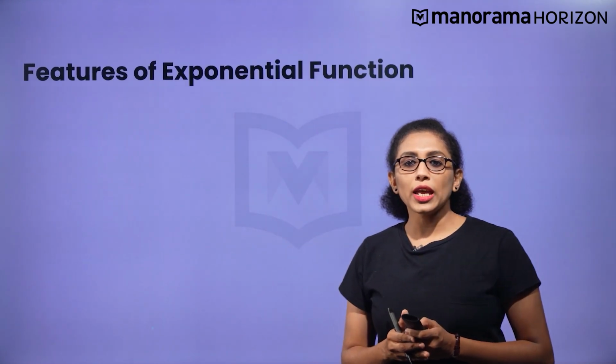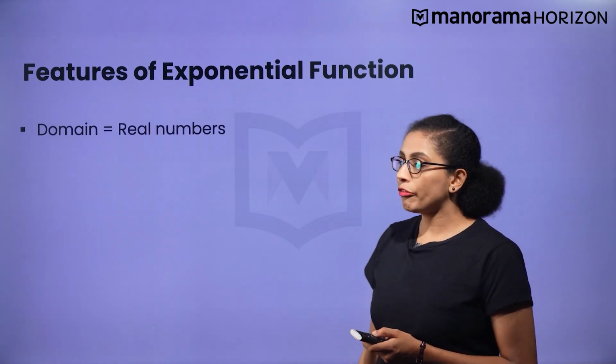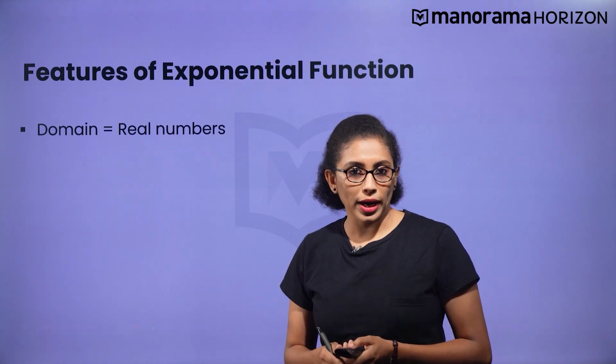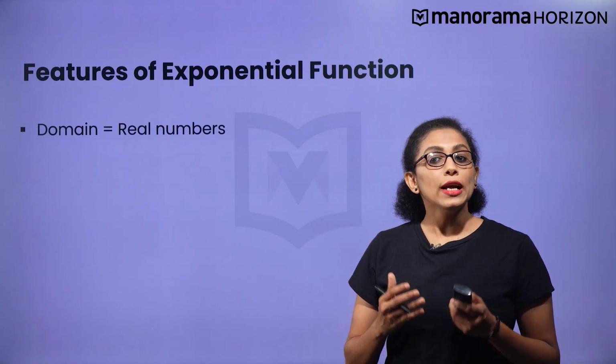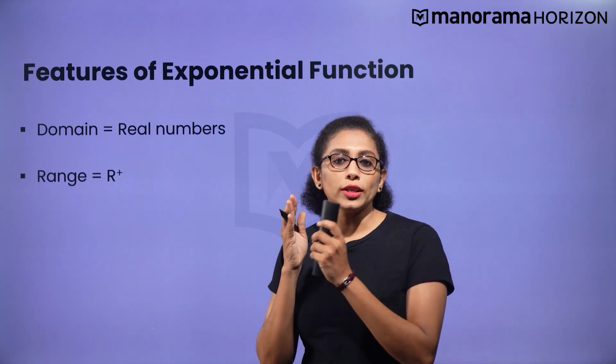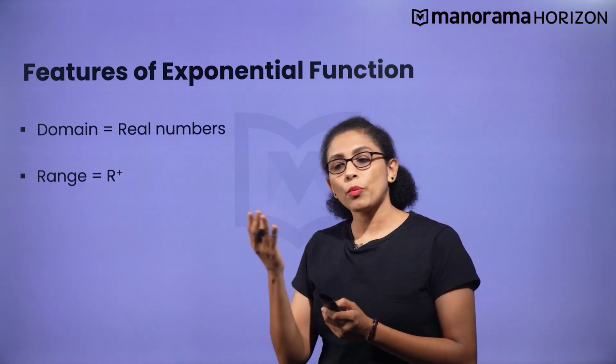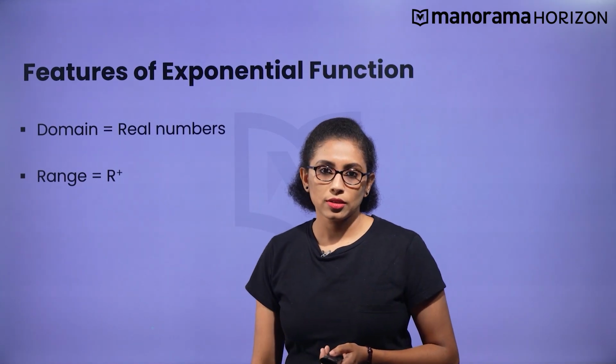Now let's study some features of the exponential function. The features of the exponential function are listed below. First one, the value of x is called the domain and it is applicable for all real numbers. Second, the value of y is called the range, and for any value of x, the range value would be positive real numbers.